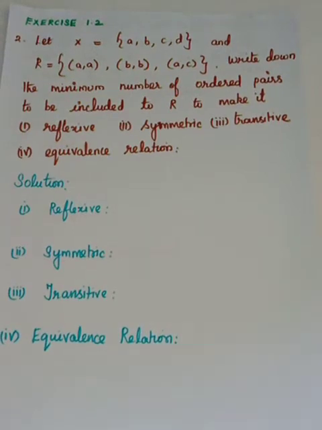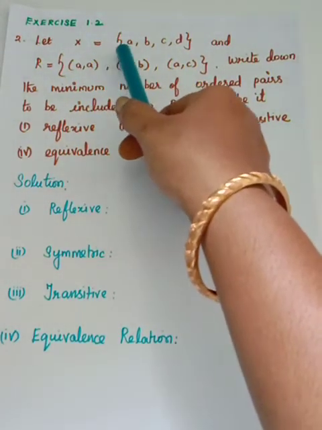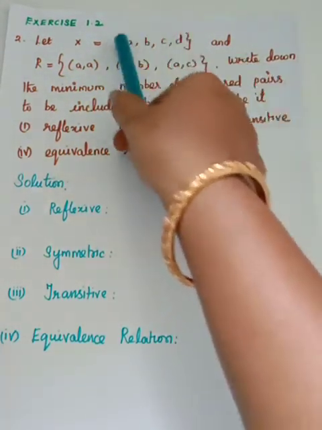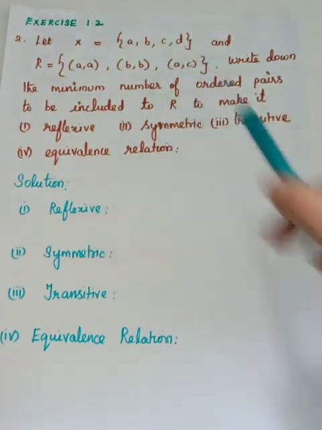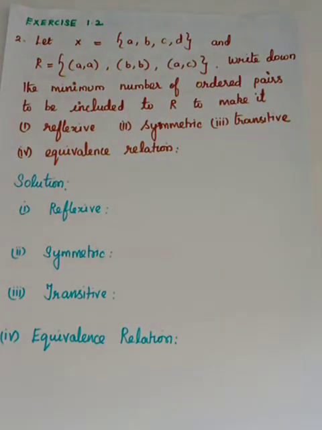Okay, so see that here the set X is given. In that you have four elements a, b, c, d. Okay, so the relation is also given. It has three ordered pairs in that relation. So we have to check whether it is reflexive or not.